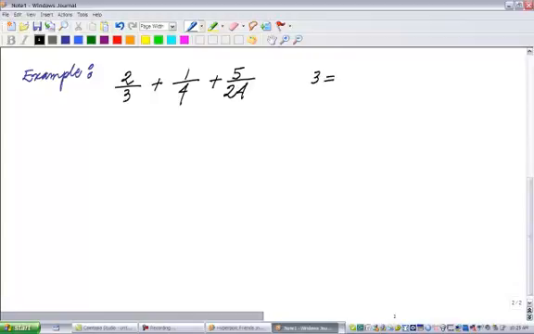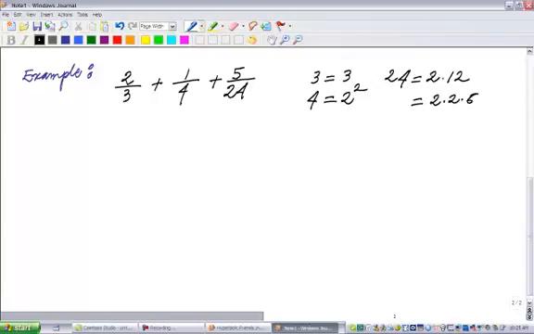So 3 is 3, 4 is the same as 2 squared, and 24 is the same as what? 24, first of all, is 2 times 12, right? And then I can write it as 2 times 6, right?